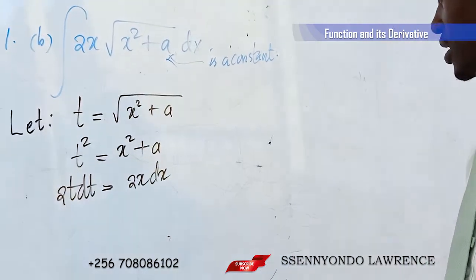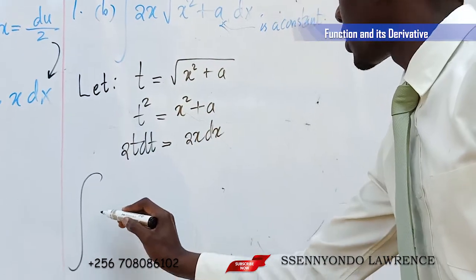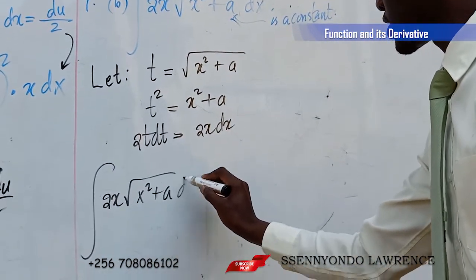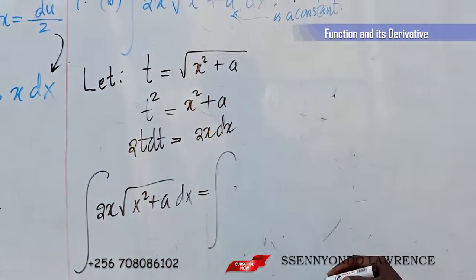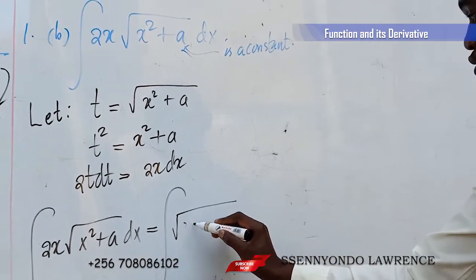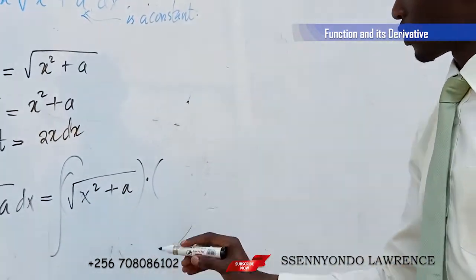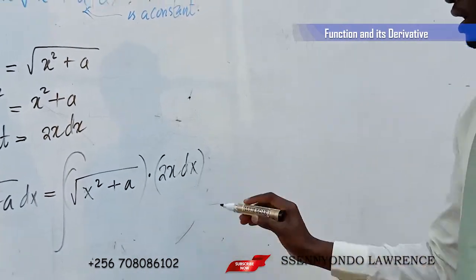So when answering this time round, you will say the integral by preparation of 2x, the square root of x squared plus a dx becomes, you will now write it as you have differentiated. Bring that quantity under the root first, and then followed by the 2x dx.